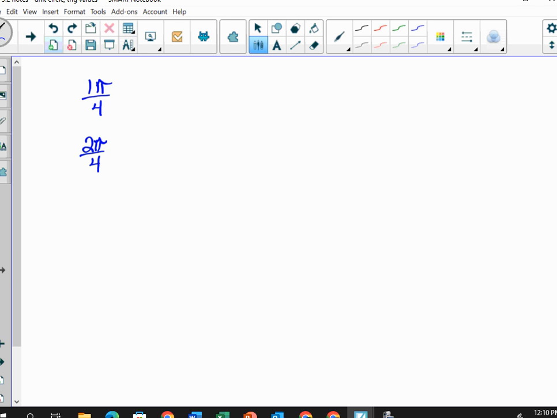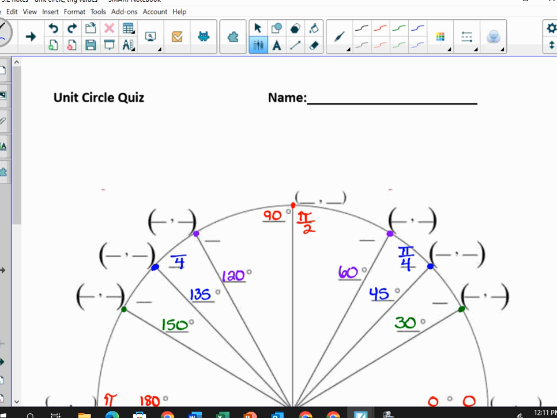But what is 2 pi over 4? Yeah, we already have that on there, right? So what we're looking for is the ones that don't reduce. Those are the ones we want to use. So up next would be 3 pi over 4. Do we want that one? Does it reduce? No, so we do want that. That is our second quadrant, 3 pi over 4.